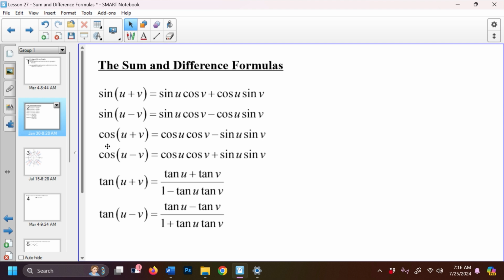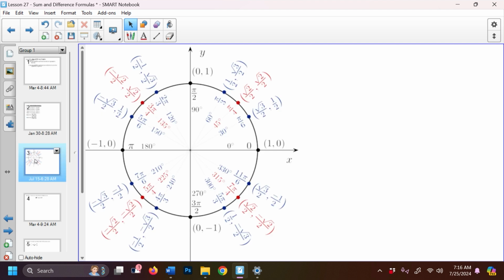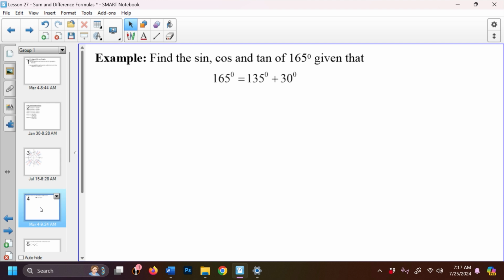Okay, I still have the unit circle here for you to refer to, but here is our first example. The first example says, find the sine, cosine, and tangent of 165 degrees, given that 165 degrees is equal to 135 degrees plus 30 degrees.